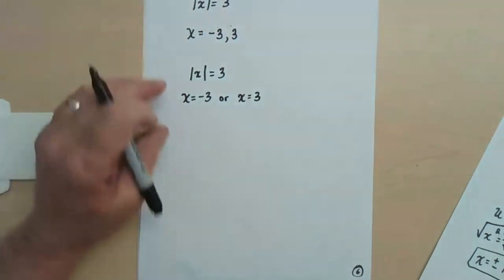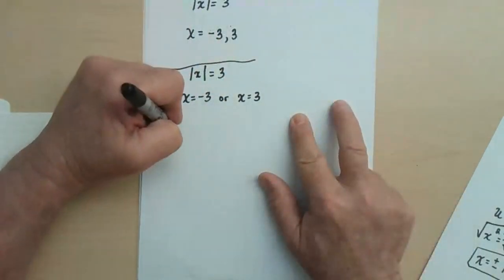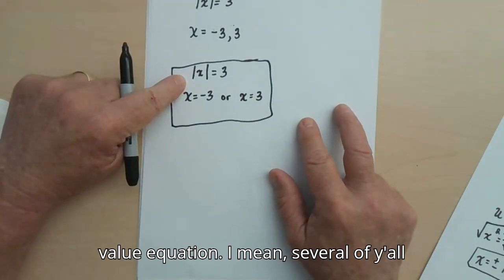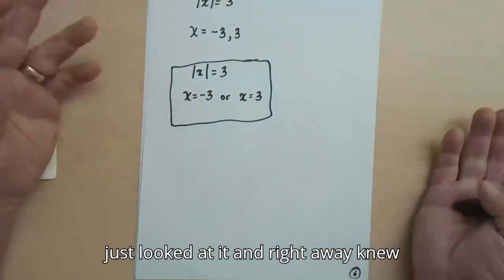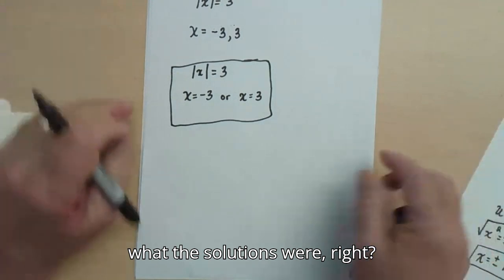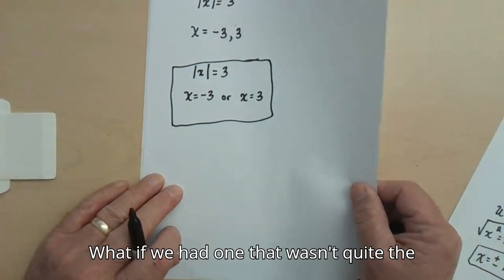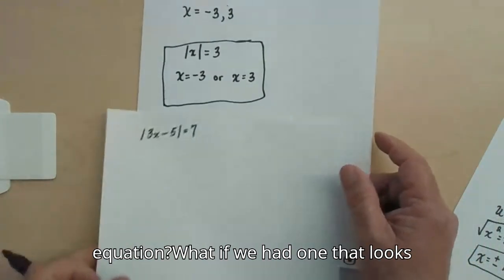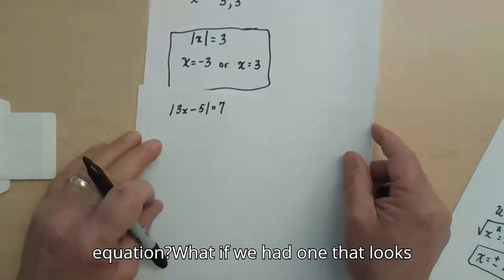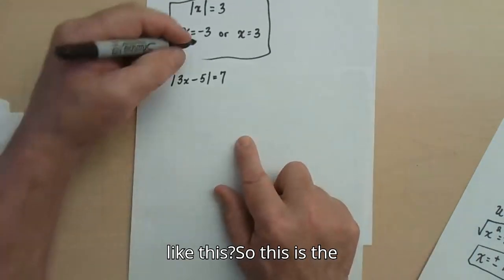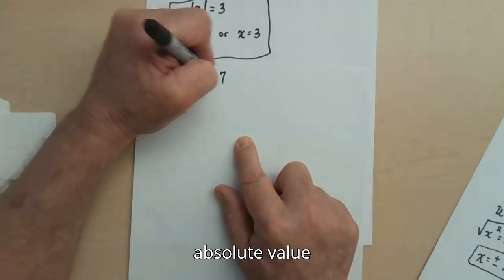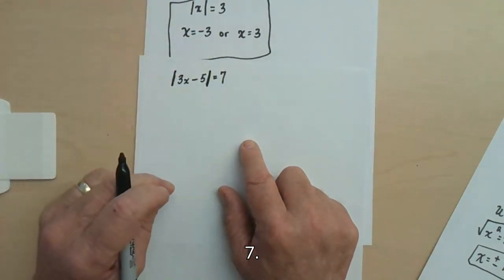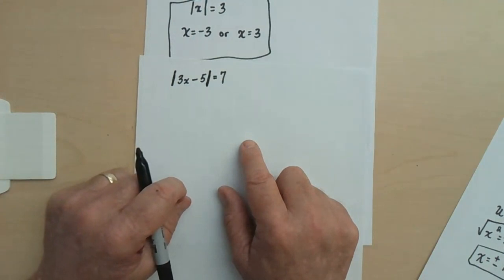This is like the world's simplest absolute value equation. Several of y'all just looked at it and right away knew what the solutions were. What if we had one that wasn't quite the world's simplest? What if we had one that looks like this? The absolute value of 3x minus 5 equals 7.